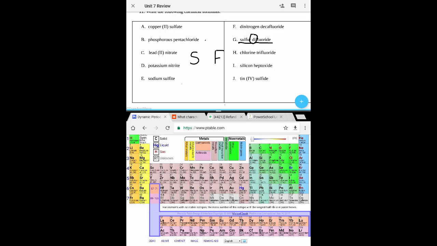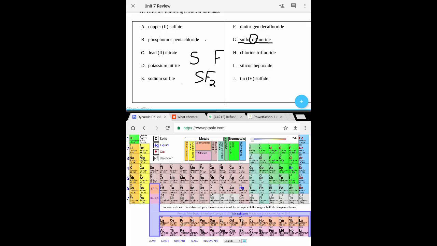Since it's a covalent compound, all you have to do is look at the prefixes, and that's how many subscripts it has. Sulfur has no prefix, so it's not going to have a subscript. Fluoride's prefix is di, which means 2, so its subscript is going to be 2. So our formula is just SF2.